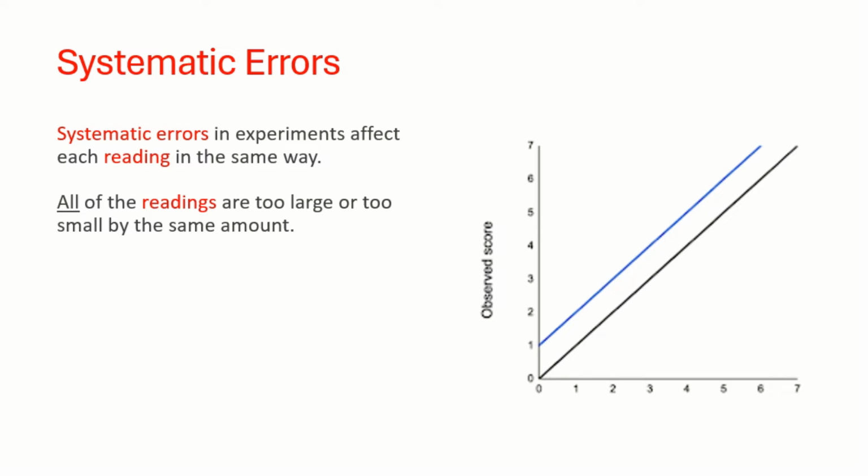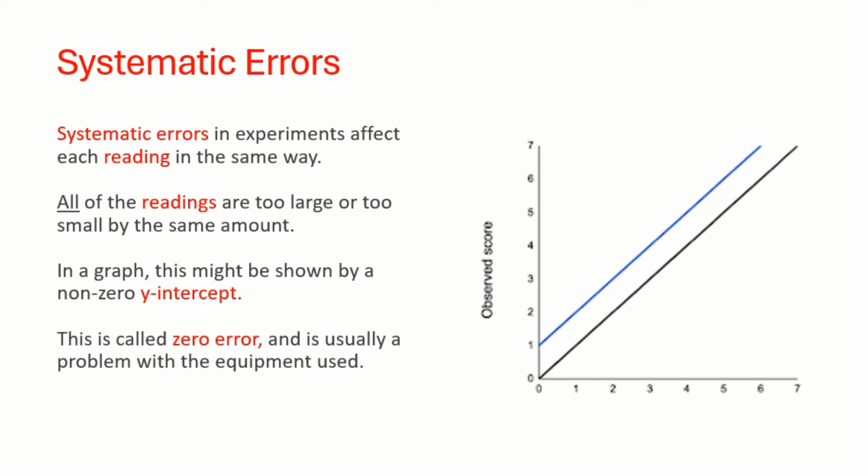In this case, every reading is too big by 1. 1 is the y-intercept in our graph. So sometimes we can tell a systematic error purely from the existence of a non-zero y-intercept. We're expecting a relationship to go straight through the origin, and what we find is actually that it doesn't. And that might be to do with a systematic error.